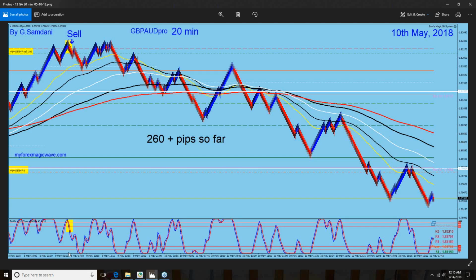This is my entry here on May 9th. Close on May 10th. 260 pips. Straight down all the way. Right? And going down, my system gives you this entry, then you have this entry. Every time this indicator goes to the upside, there is an entry here. Beautiful entry here, right? Beautiful entry here, keep coming down. This is the power of watching the index, individual index.